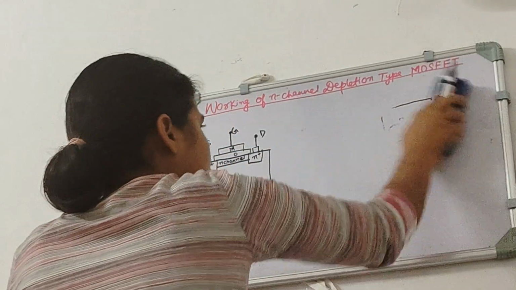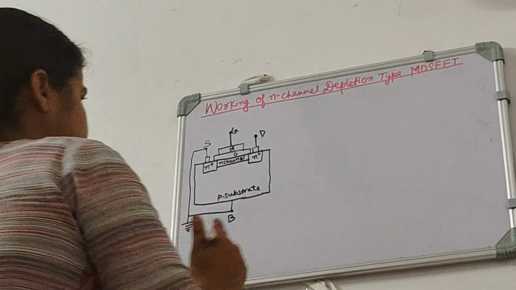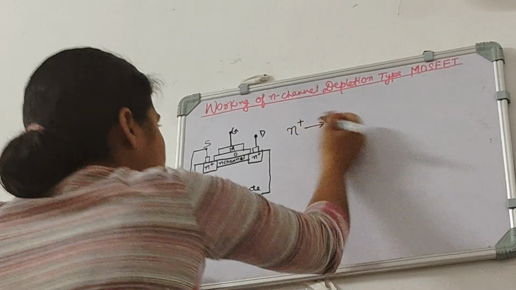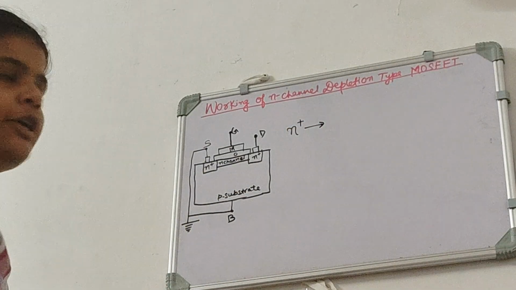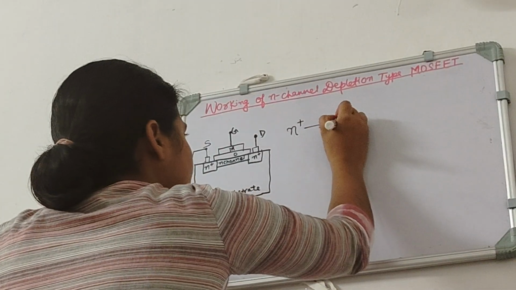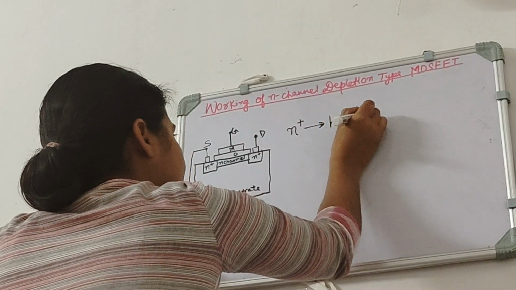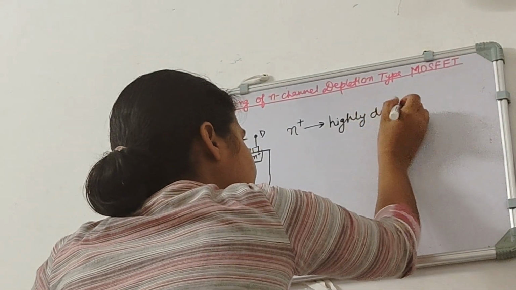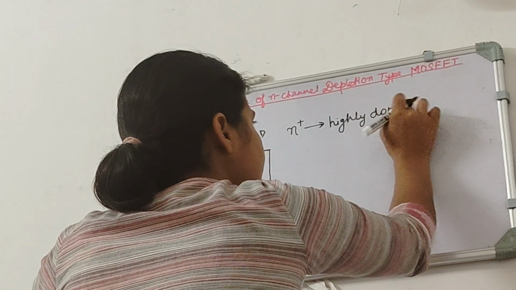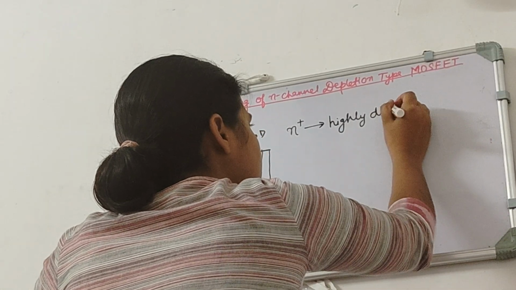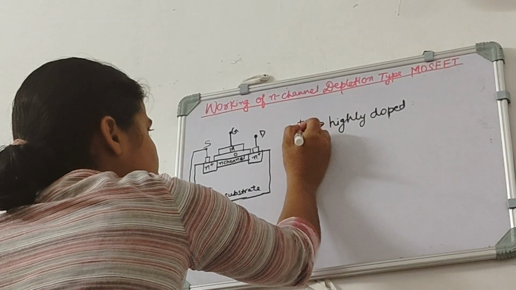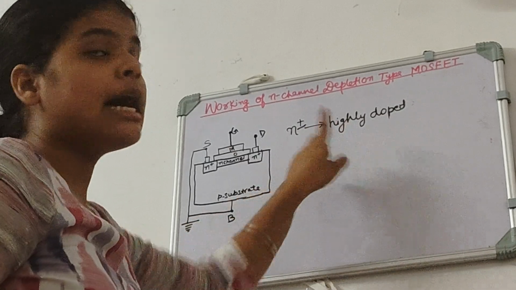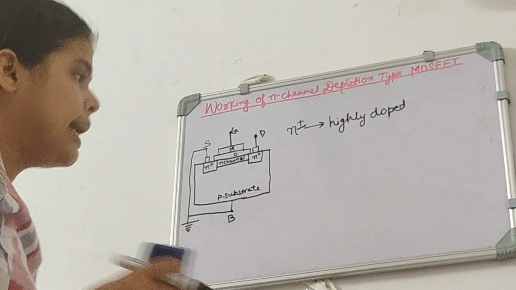Okay, now let us see first what we mean by N plus. N plus means highly doped. We know that our n-type material is formed by doping the semiconductor, but here an extra thing is used, that is the plus sign, and that plus indicates that it is highly doped, not just doped.